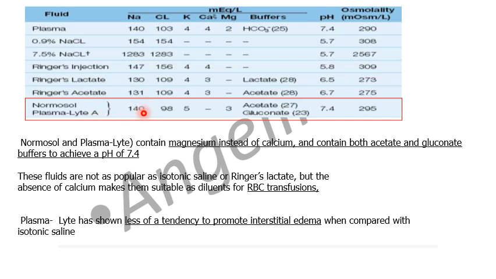Even though the sodium is 140, for reasons unknown, it produces less interstitial edema. So normosol and plasma-lyte are lesser used, but they have specific scenarios where they are very helpful because they contain magnesium, and plasma-lyte has a lesser chance of interstitial edema.